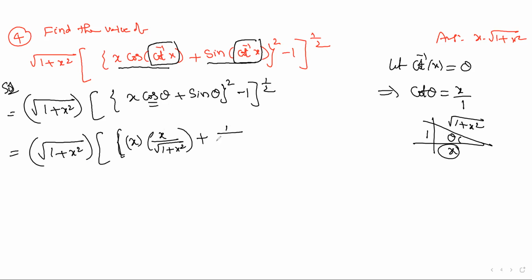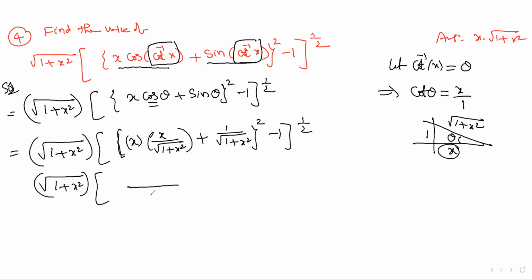Opposite side by hypotenuse, whole square minus 1, power 1 by 2. So root under 1 plus x square. These two are like fractions. LCM is root 1 plus x square. In numerator, x into x, x square plus 1, whole square minus 1, power 1 by 2.